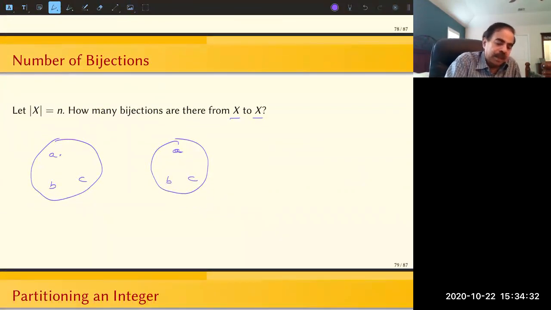Because it's a total function, there must be at least one arrow coming out of each element. And because it's a function, there can be at most one arrow coming out.